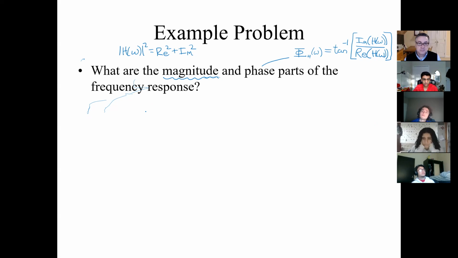But as I've noted, usually that's not going to be the easiest way to do it. So I'm going to do it instead using the value multiplied by its complex conjugate. And we're going to do an example with that, which is generally going to be much easier.